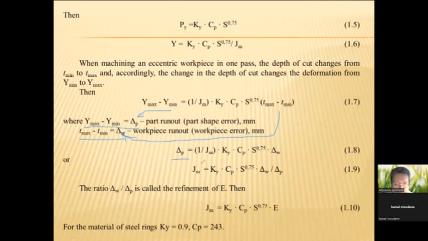Or if we must find J suffix M, then we have formula 1.9.